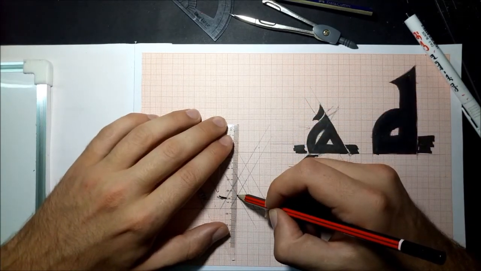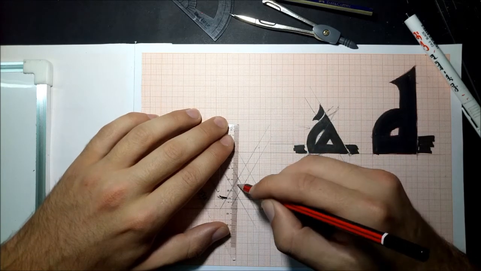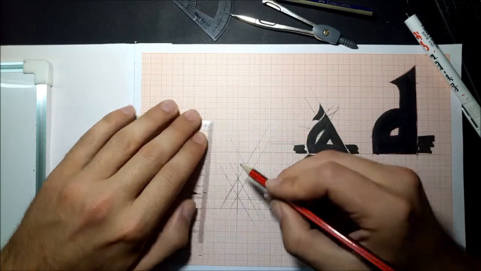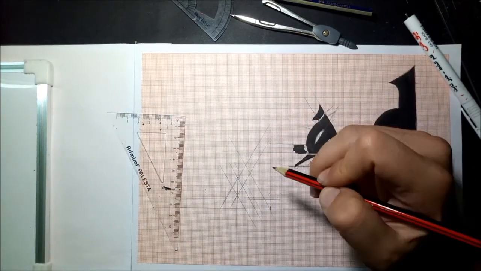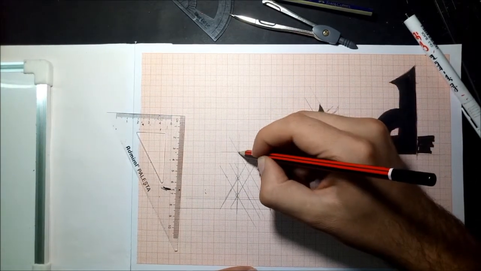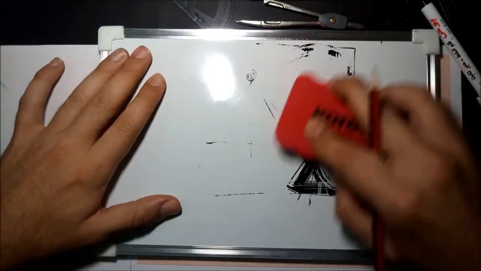Now take this intersection point and go all the way up. It will intersect with this line too. Go perpendicular. You've got intersection here and here. This point, you will have the shape, the decoration shape that we've mentioned.